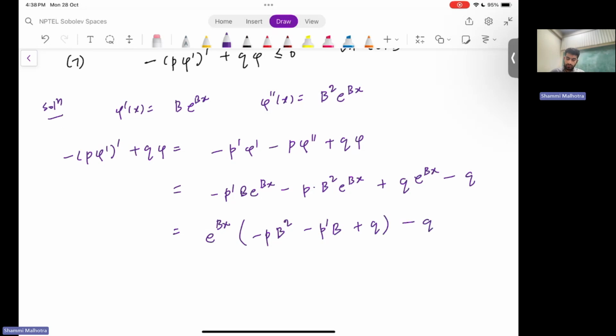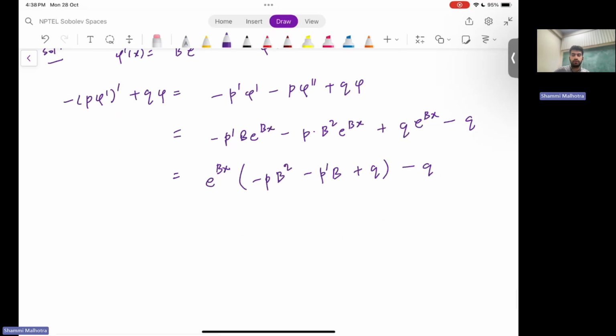Now this follows directly, because I know that p and q are continuous functions, and in particular they are bounded functions, and we can use their bounds. This b square turns out to be a quadratic equation which depends on p and q, but we can choose a b such that all of this is less than or equal to 0 for sufficiently large b.